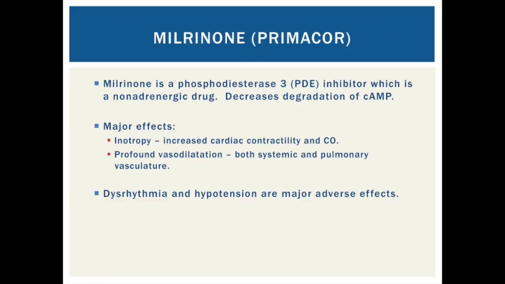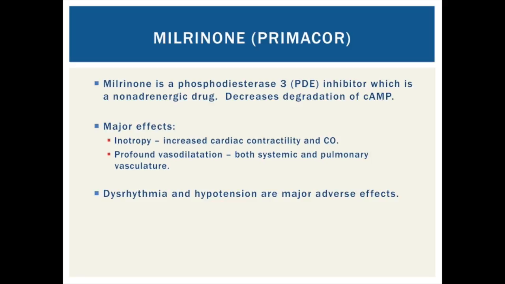Okay, moving on to something a little different, we have milrinone here, or Primacor. So milrinone is a little different because it does not work on the same adrenergic receptors that we've been talking about this whole time. This is a PDE inhibitor. It decreases the degradation of cyclic AMP. And what it actually causes is inotropy by increasing the cardiac contractility and cardiac output, and then profound vasodilation, both of the systemic system as well as the pulmonary vasculature.